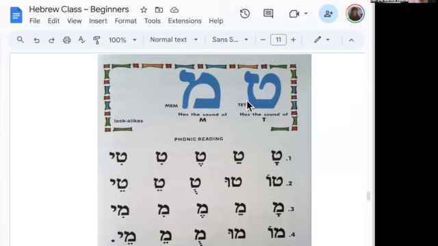Actually, I showed you to start from the left to the right, but when we write in Hebrew, from right to left, we will start the letter right here at the nose and go up and down, across to the left, and straight up. That's how we write it, from right to left. And the way the light comes in, you could see it's the other way.